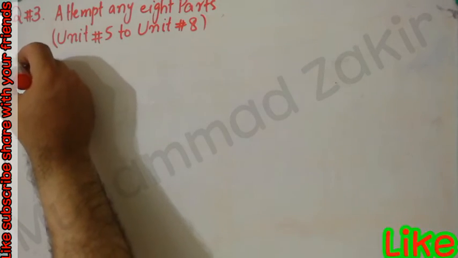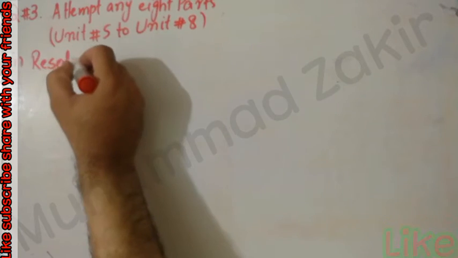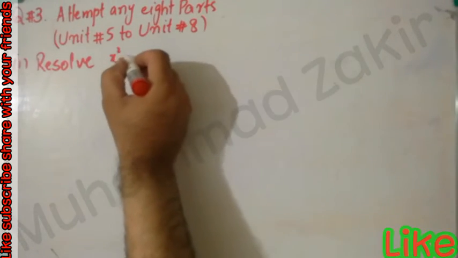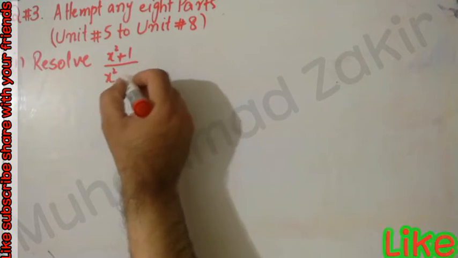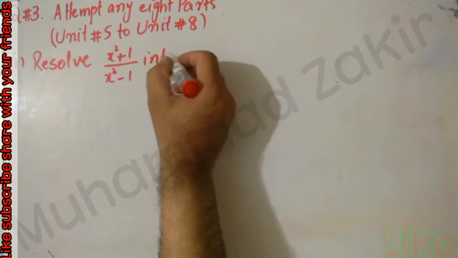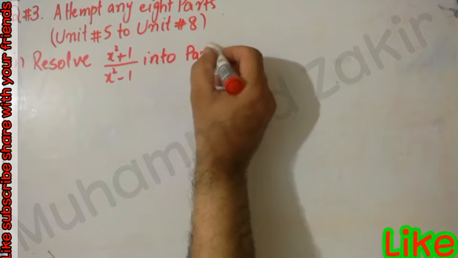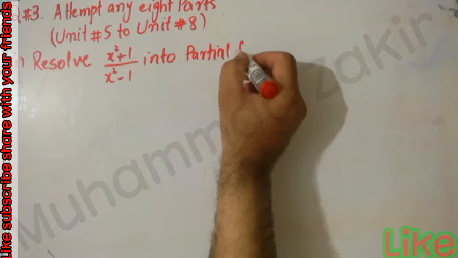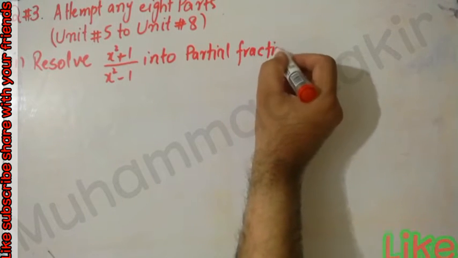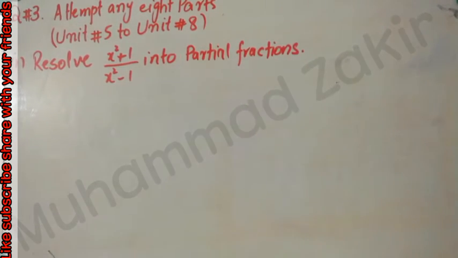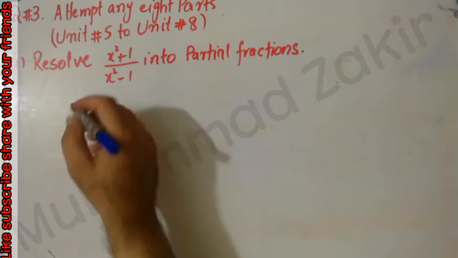This is the first part. Resolve (x square plus 1) by (x square minus 1) into partial fractions. How will we do it? We will first decide whether it is proper or improper.